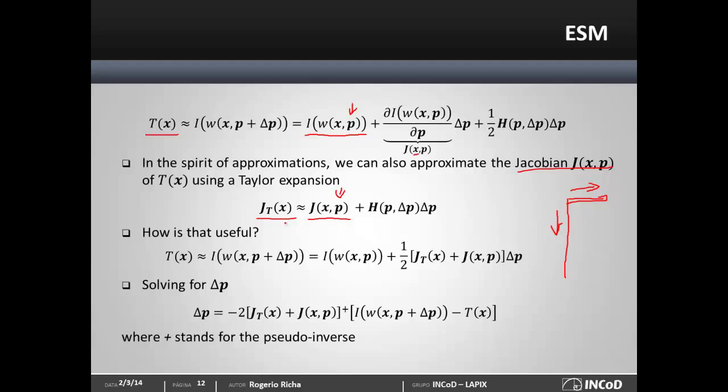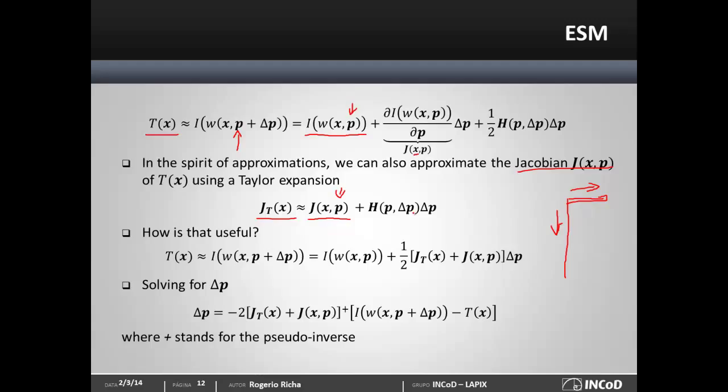This is an approximation that holds if my parameters p are close enough to the true, the optimal parameters. If this holds, this approximation also holds.